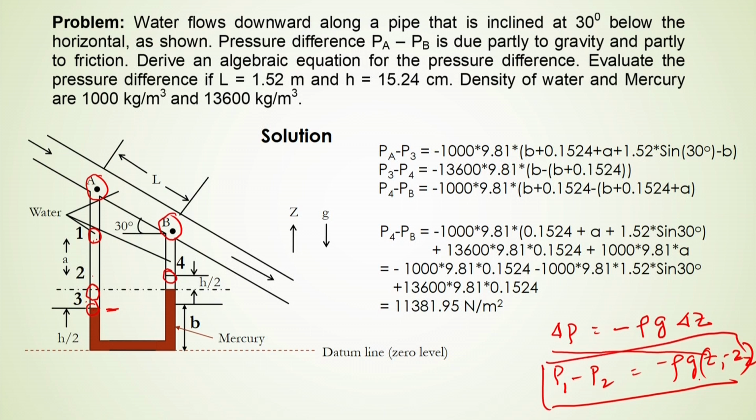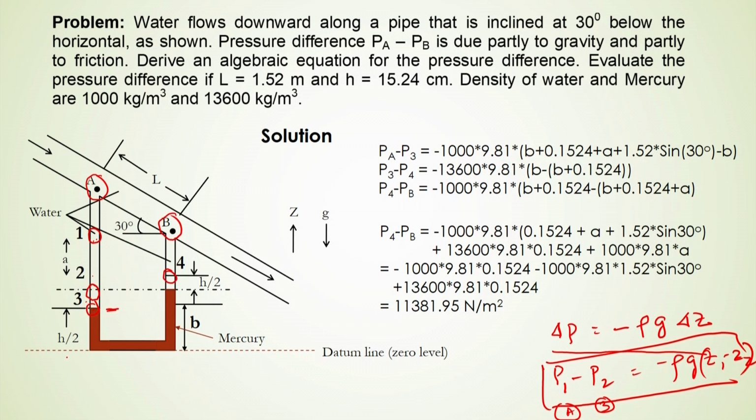From this equation, instead of points 1 and 2, it will be A and 3. So here P A minus P3 will be equal to minus 1000, that is rho since it is water, into 9.81 into the length, z1 minus z2.